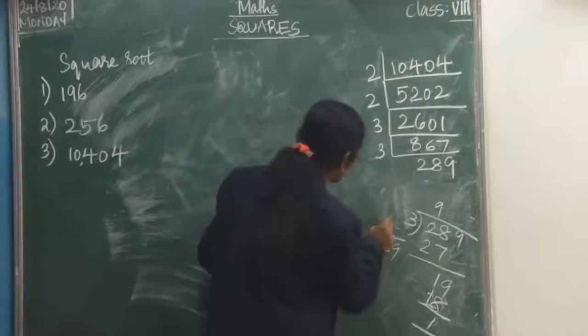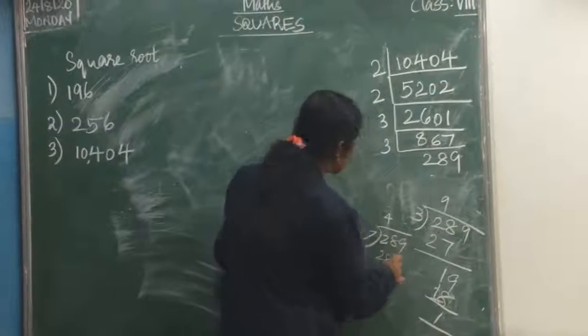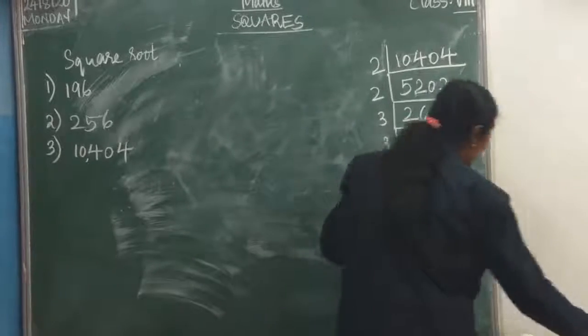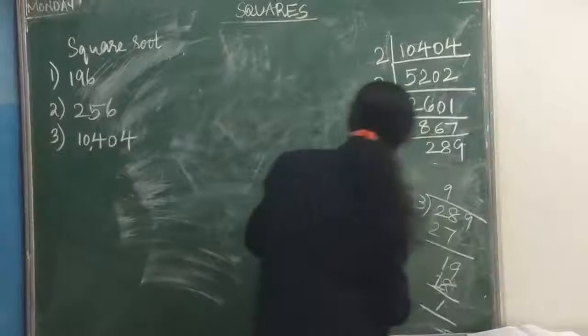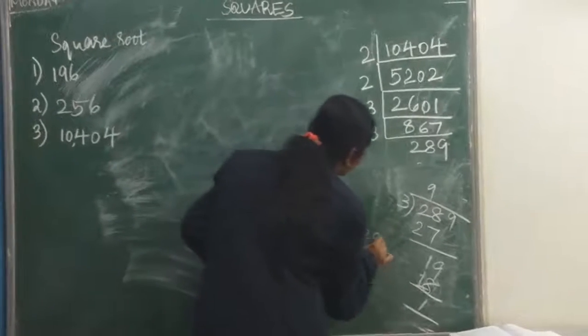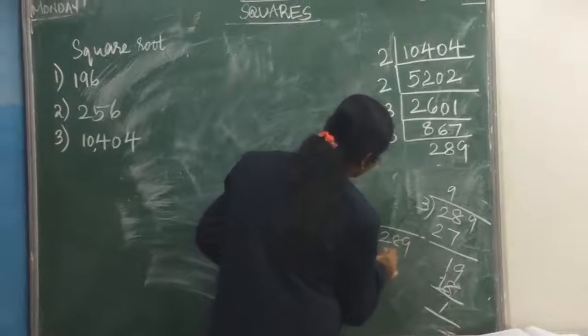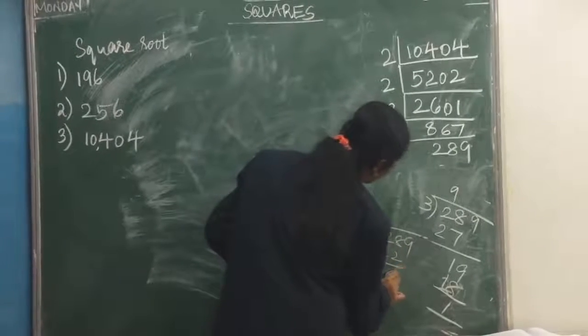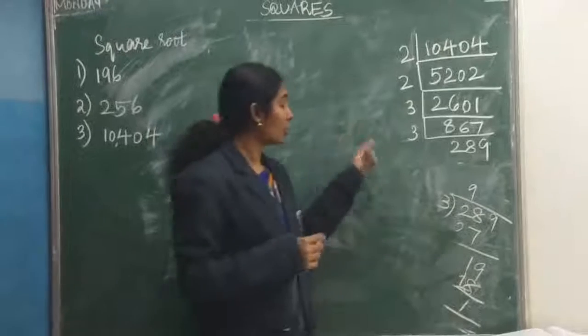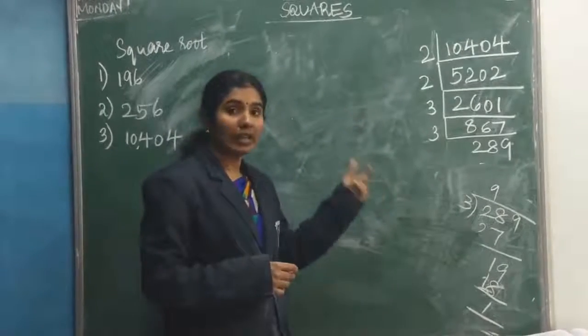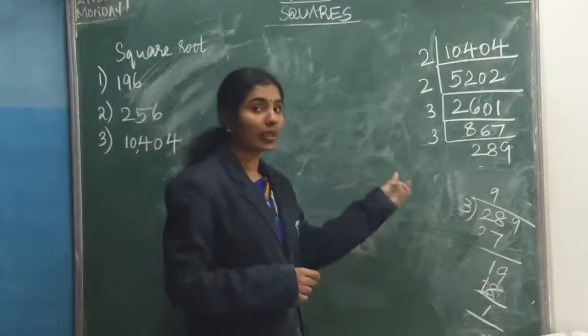So 7 4s are 28. That also is not possible. Next you try with 11. That is not possible. You can't divide. From using 11 also you can't divide the number.